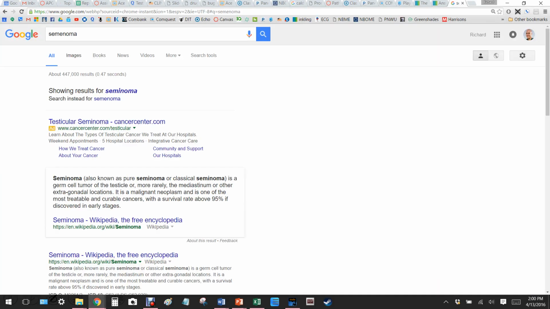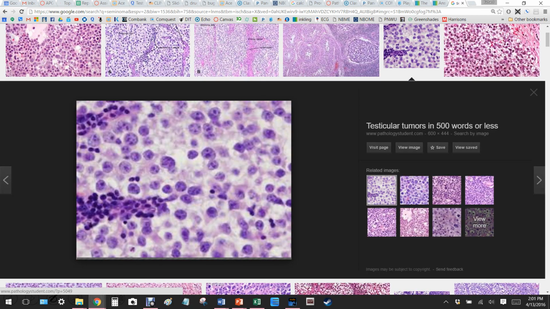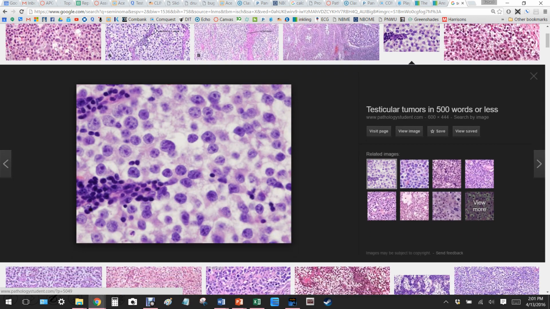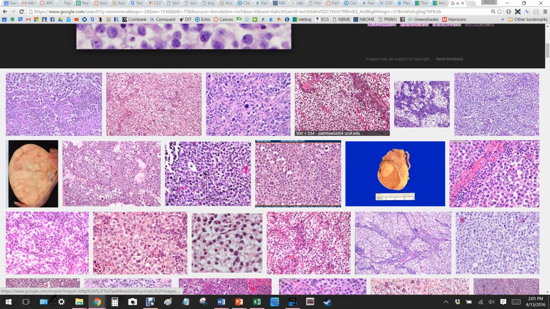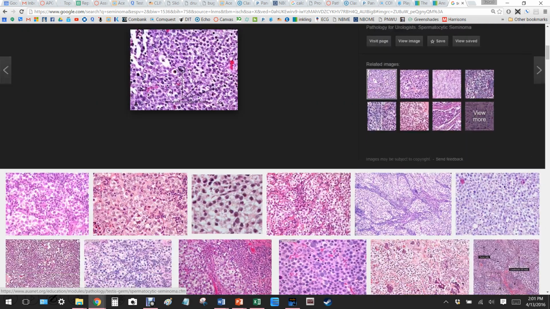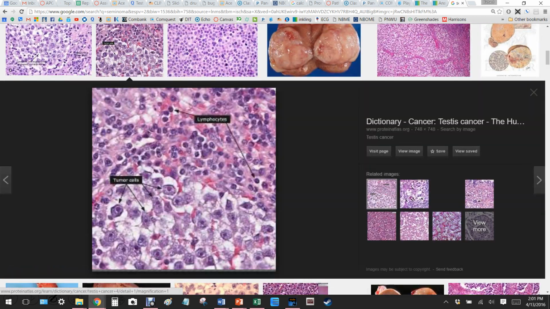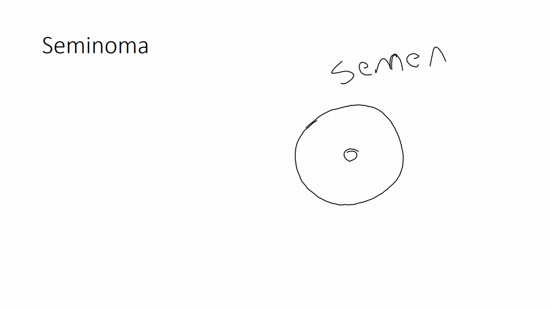There you see that. These large cells with clear cytoplasm. Anyway, hopefully you kind of get the idea there, what a seminoma looks like. I guess I wasn't really done with that yet, sorry.